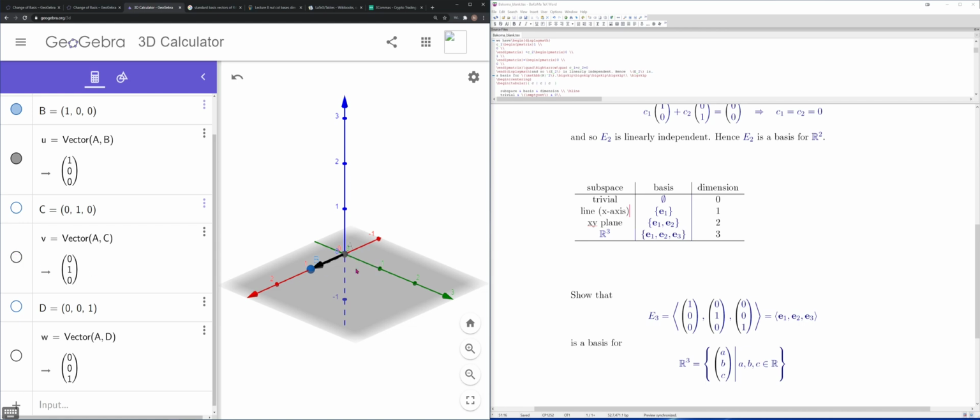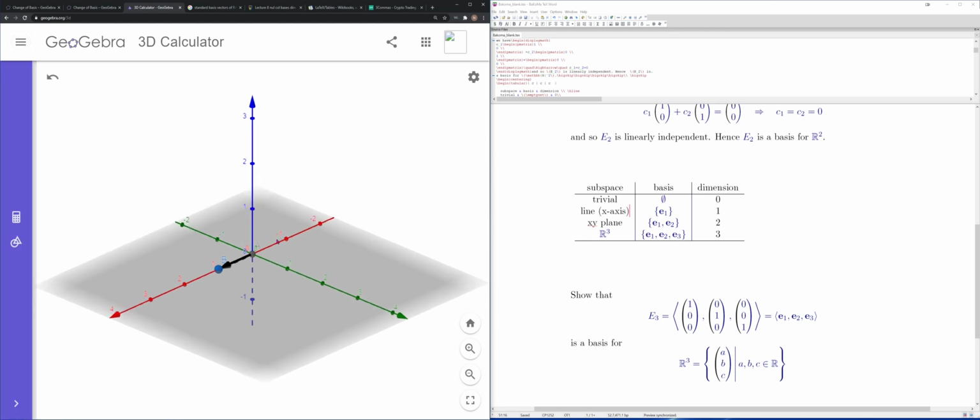I needed one less for the xy plane because the xy plane isn't the entire space, it is a strict subspace of R3. And when I look at my x-axis alone, the x-axis again is a strict subspace of the xy plane. It's not the entire xy plane, it's only a part of it. And the basis of that just contains one vector.